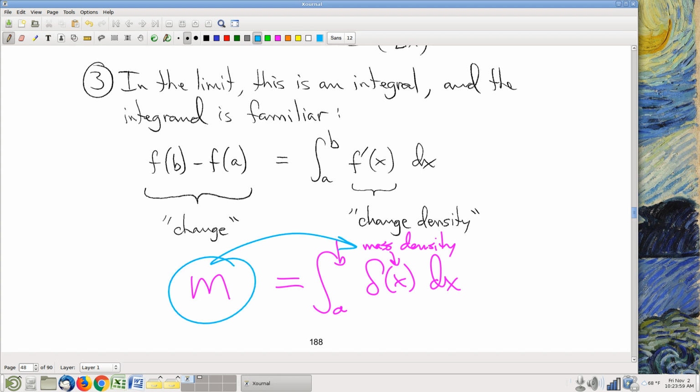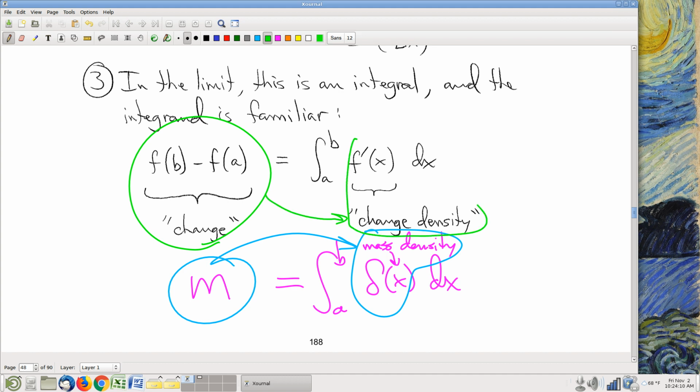So therefore we call this mass density. Well, here's the thing. In a computation of change, this is the resulting density. This is the integrand in the resulting integral. So we call it change density.